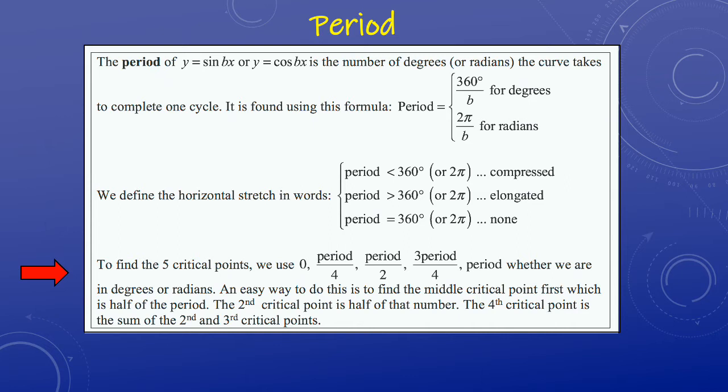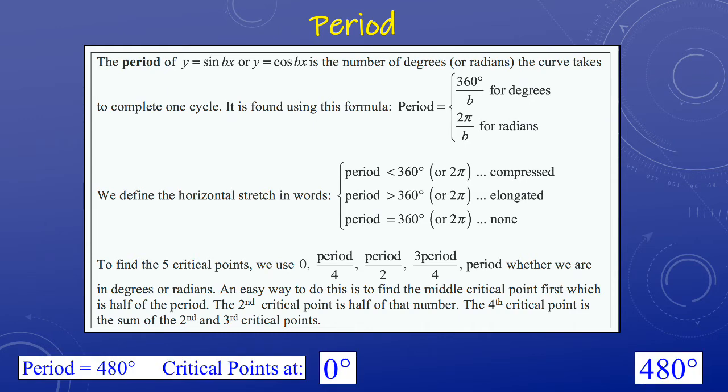There is an easy way to find these. First, we find the middle critical point, which is half of the period. The second critical point will be half of that number. And the fourth critical point will simply be the sum of the second and third critical points.